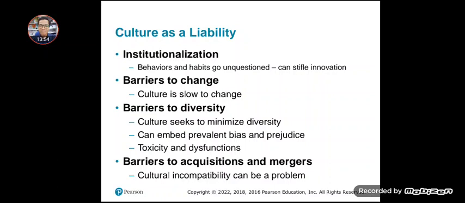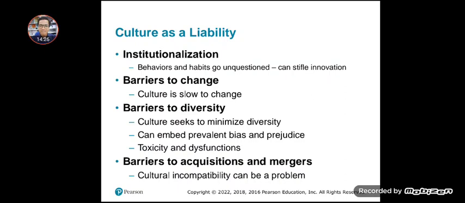And then cultures that pressure employees to conform can be a barrier to hiring, developing and promoting a diverse workforce. So coherence around negative and dysfunctional values in a corporation or in an organization can produce downward forces, which are equally powerful, but toxic.